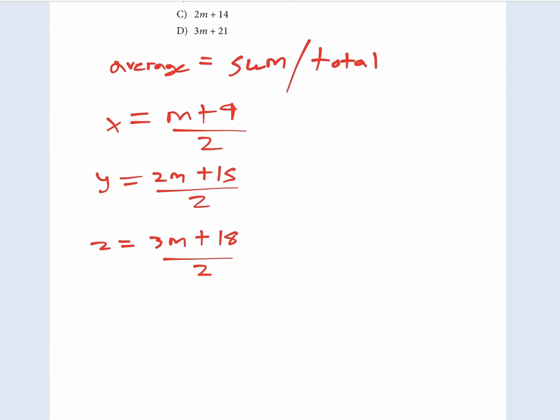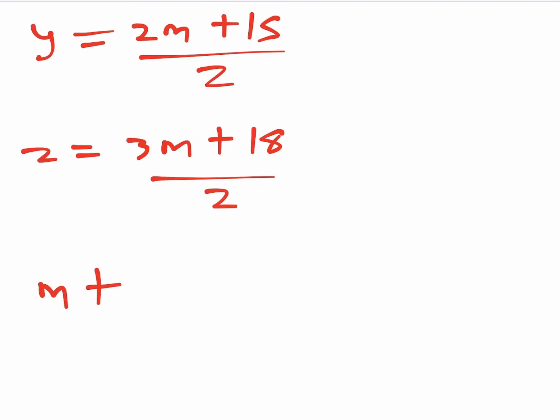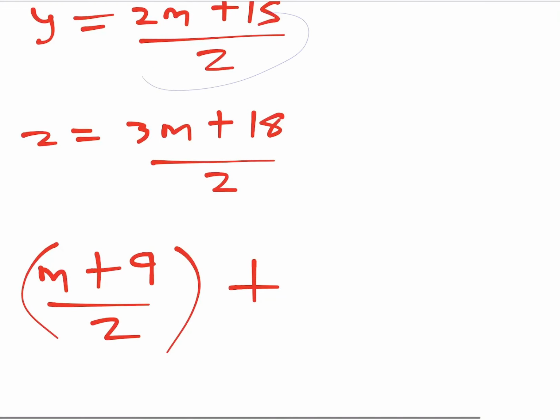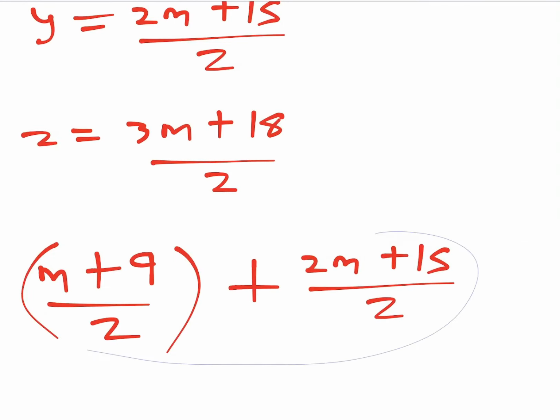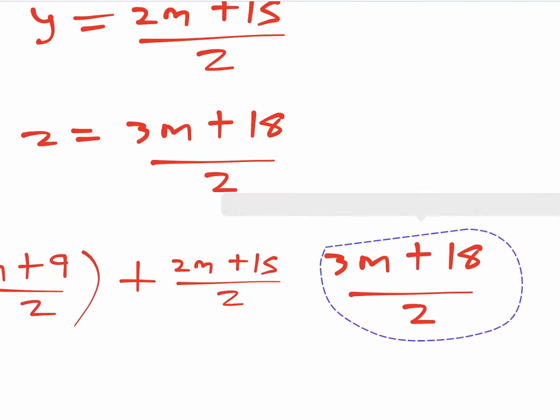So we have m plus 9 over 2, plus 2m plus 15 over 2. I'm just going to copy and paste these and shrink them a little bit, plus 3m plus 18 over 2.